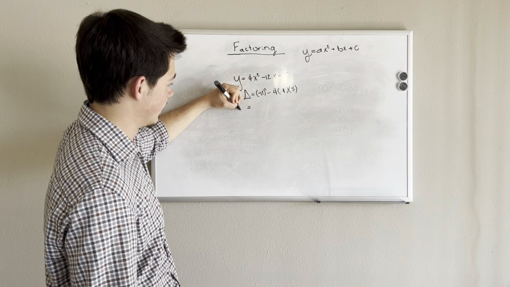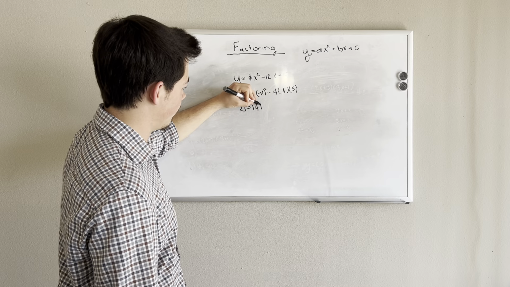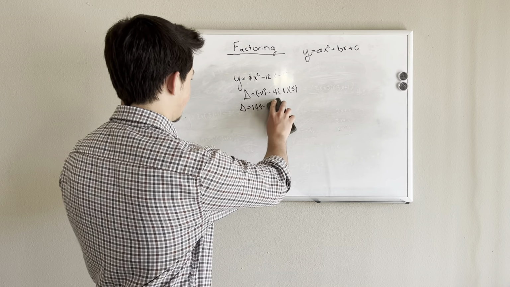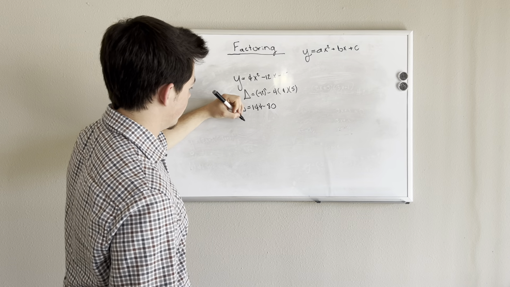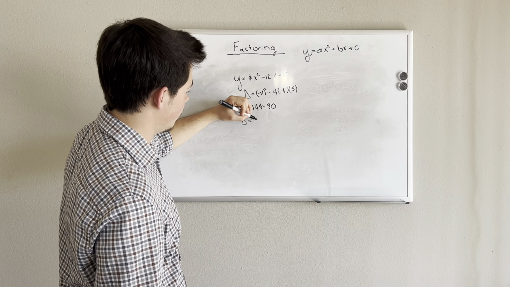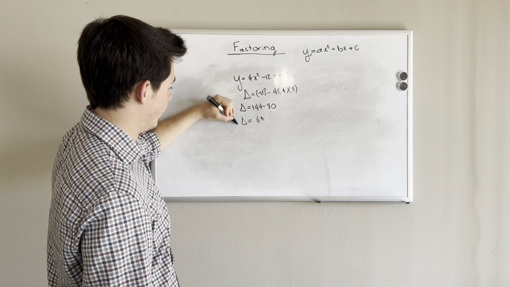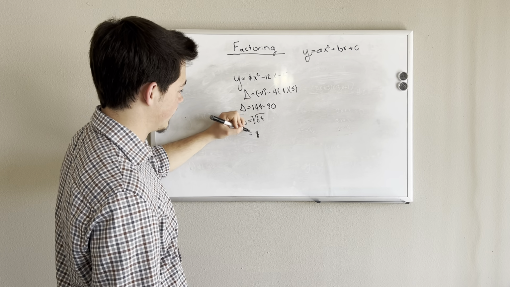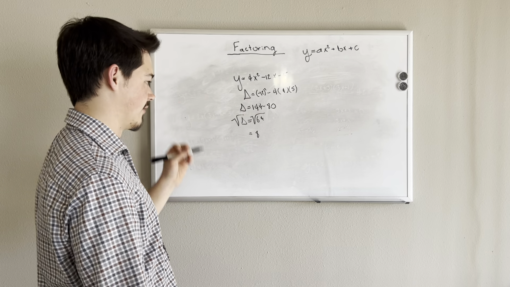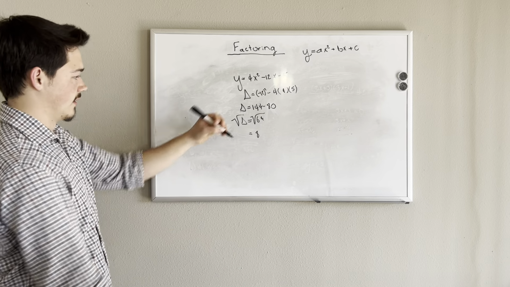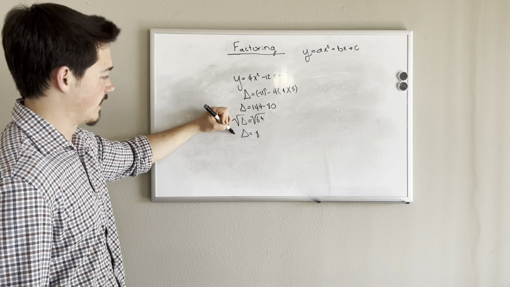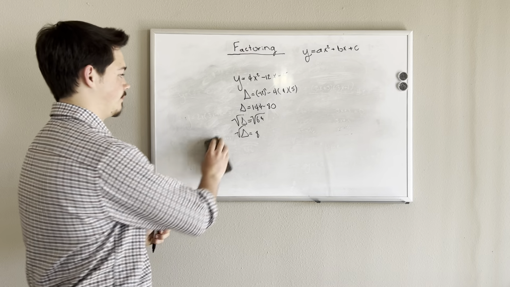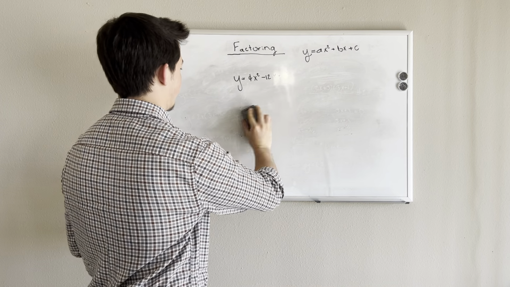Working this out, delta is equal to 144 minus 80, which means delta is equal to 64. The square root of 64 is 8, a whole integer. This is factorable, so now we want to factor this.